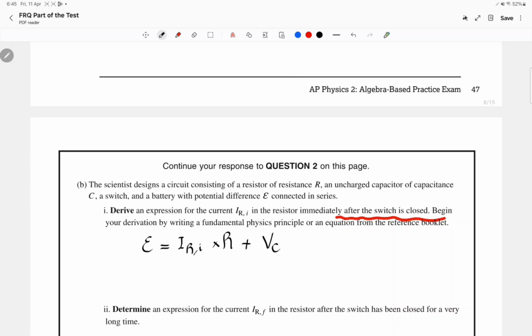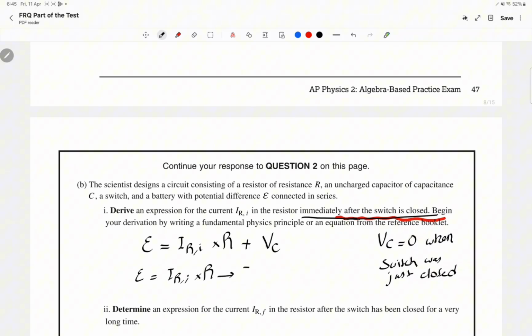Now, when the switch was just closed, the voltage of the capacitor is going to be 0. Why? It has not charged up yet. So essentially EMF is equal to I_R times capital R, so I_R is equal to EMF over the resistance.